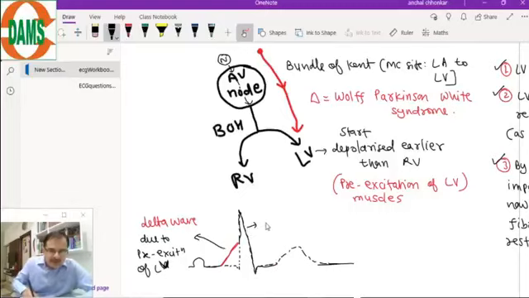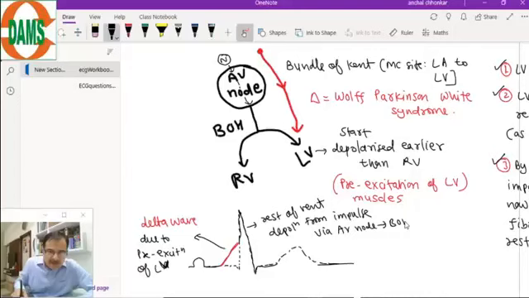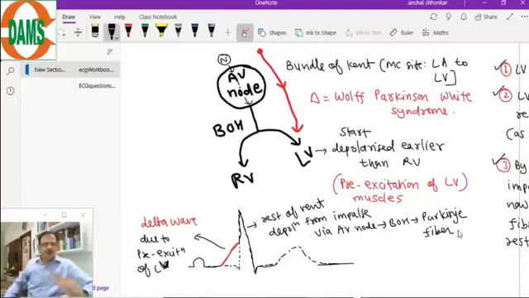So this is rest of ventricle depolarization from impulse via AV node, bundle of His, Purkinje fibers. So this will be the diagram here.